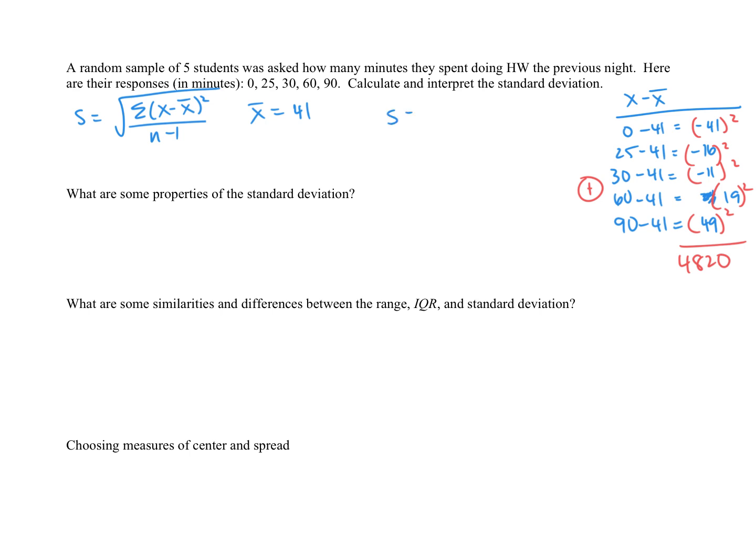Then we divide that 4,820 by n minus 1, and take the square root. That gives us a standard deviation of about 34.7. We did that so you can see how the formula works. Practically, you're not going to use the formula, you're going to use the calculator.